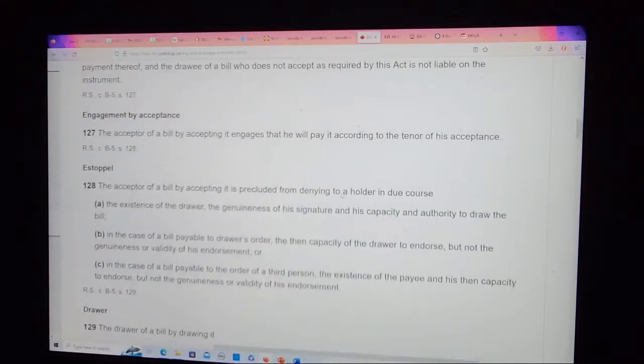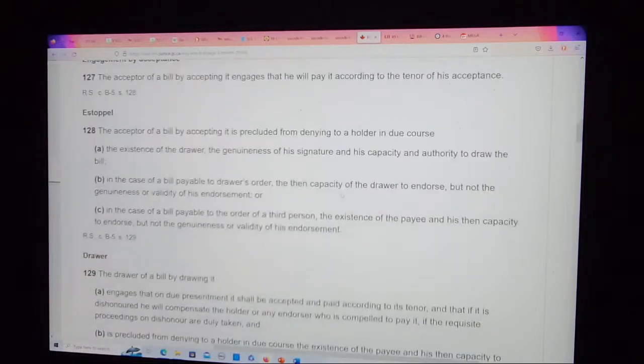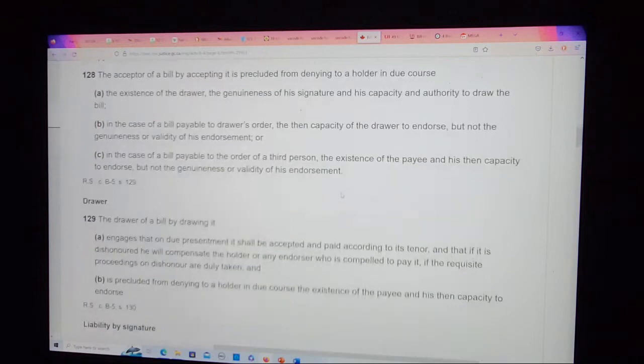Engagement by acceptance. 127. The acceptor of a bill by accepting it engages that he will pay it according to the tenor of his acceptance. Estoppel. 128. The acceptor of a bill, by accepting it, is precluded from denying to a holder in due course: A. The existence of the drawer, the genuineness of his signature, and his capacity and authority to draw the bill.